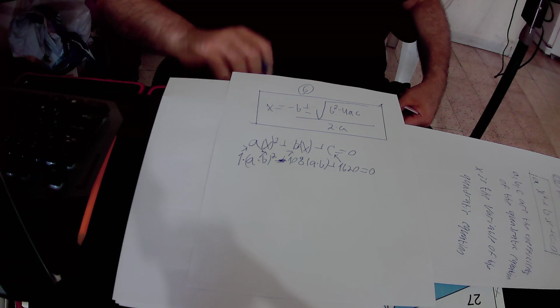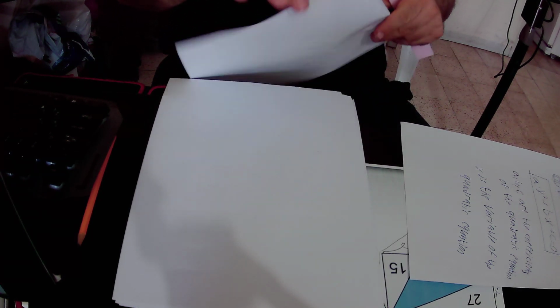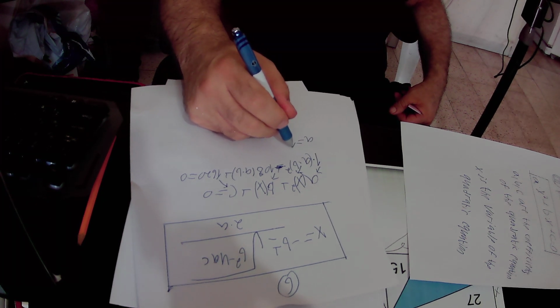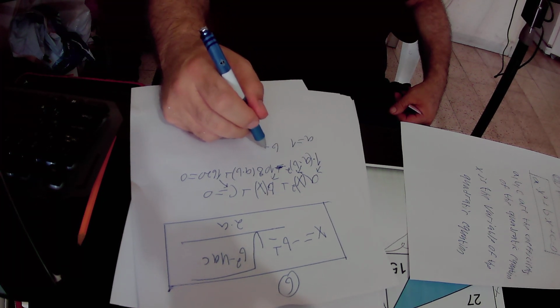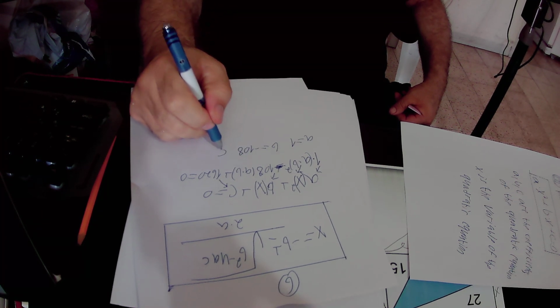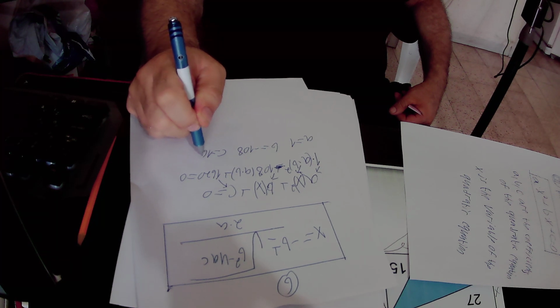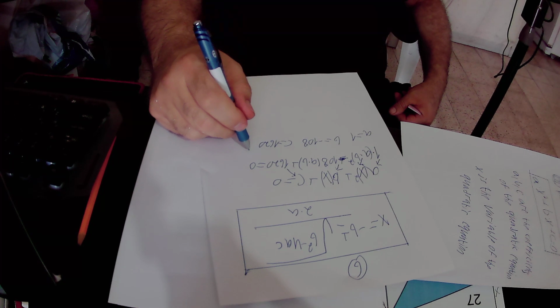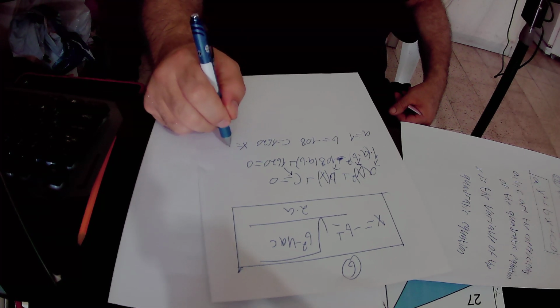Okay, so we write it down. A equals 1, b equals negative 108, c equals 1620, and x equals a times b.